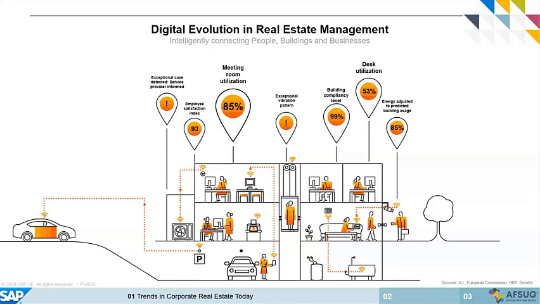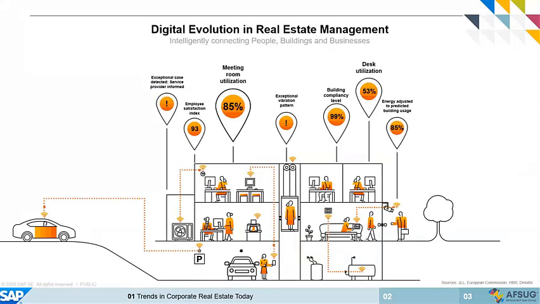Assets like elevators, heaters, and air cons are all connected via IoT, which is the Internet of Things, and provide information to set up predictive maintenance. Okay, so this is the real estate of the future.